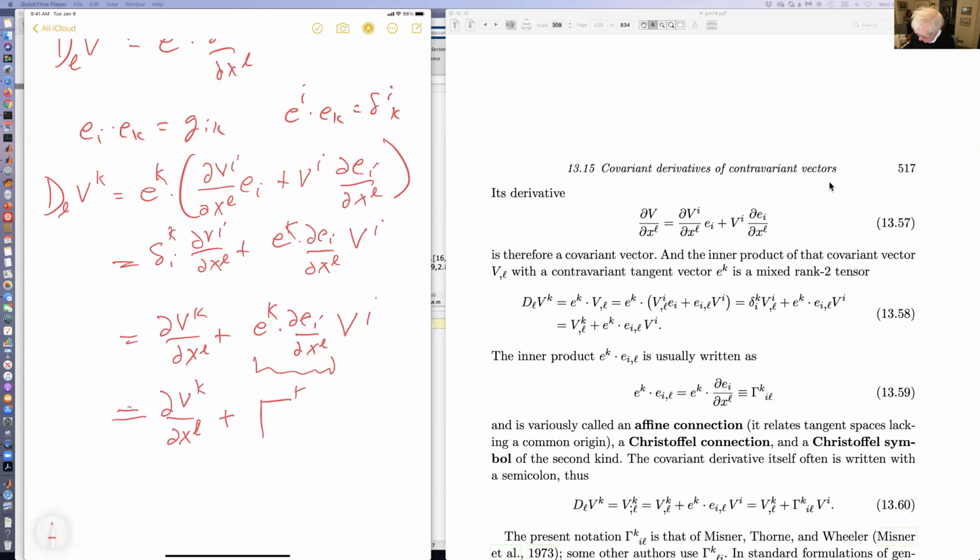And this is gamma, and I would call it gamma K IL VI. Notice this means we sum I from 0 to 3 in this expression here. And so this is what's called the covariant derivative of a contravariant vector.